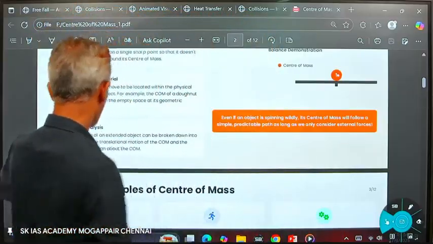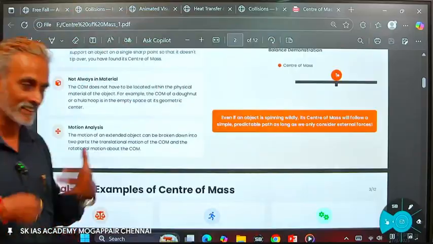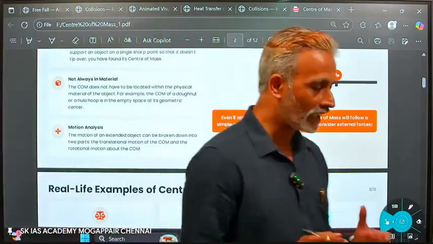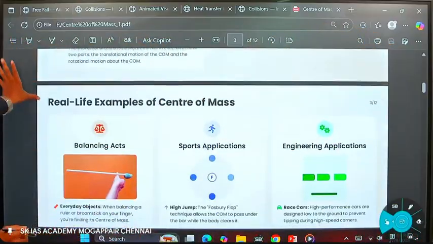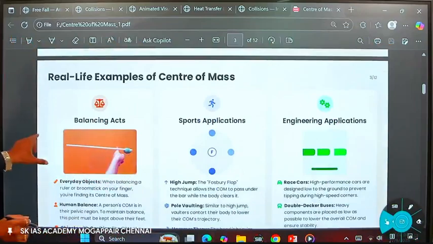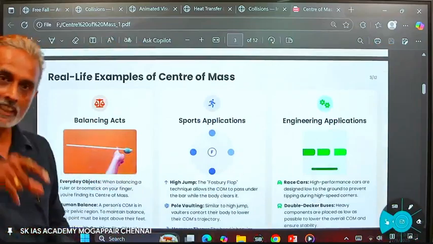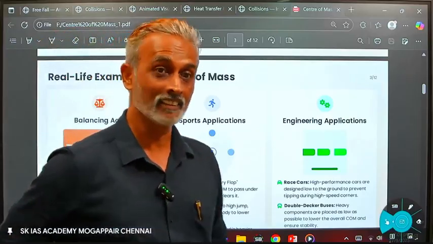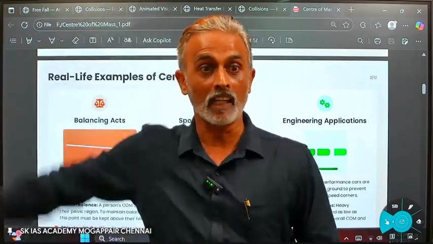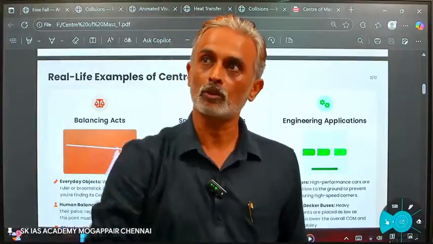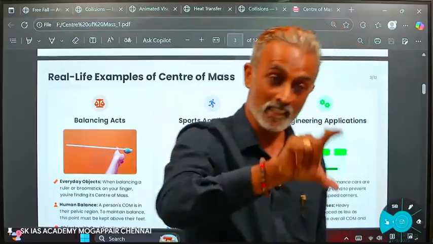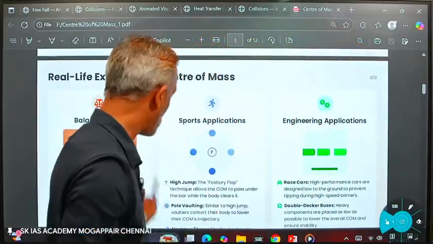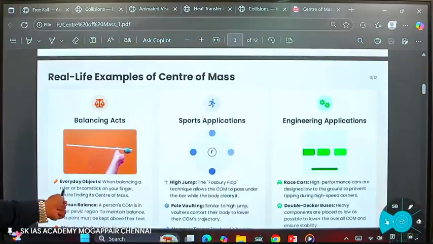Correct? Real life example of the center of the mass. What is the real life example? Balancing act. Suppose you have gone to Disneyland. You have seen big hanging rides that go up 200 feet, then down 200 feet, then down. They make it with the help of the center of the mass.